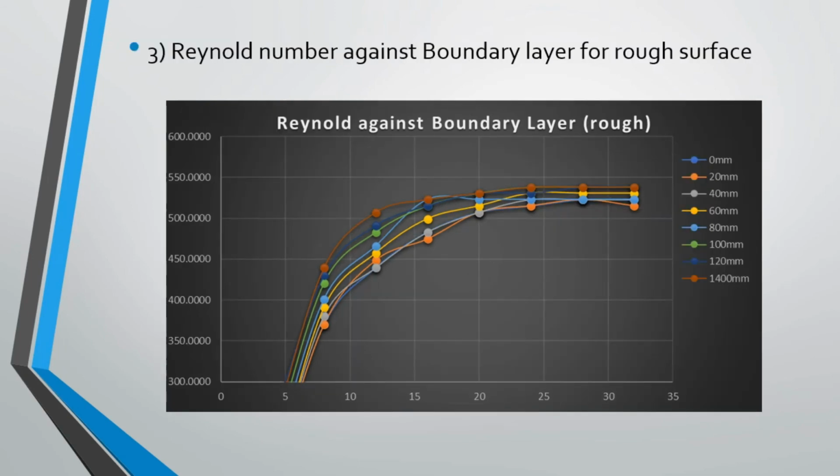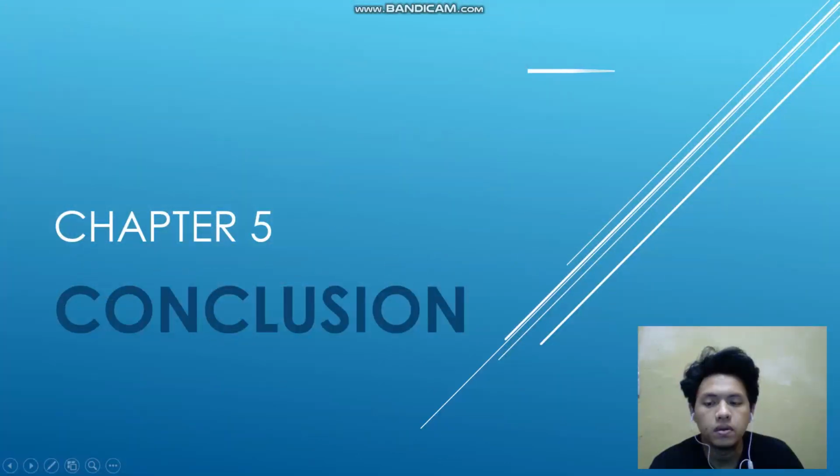The third graph is the Reynolds number against boundary layer for rough surface. So from the graph, we can observe a slight increase in Reynolds number with the increasing boundary layer thickness, and the range of the distance of plate for the rough surface flat plate is also enough to show that it is a laminar flow.